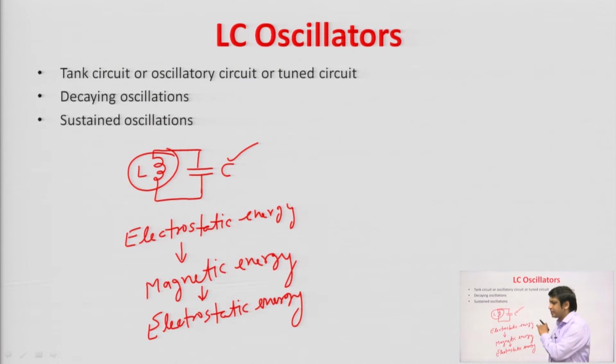This process will continue. Then what is the result? The result is, since this capacitor C charges with opposite polarity each time, we will get an alternating current, that is an oscillating current.